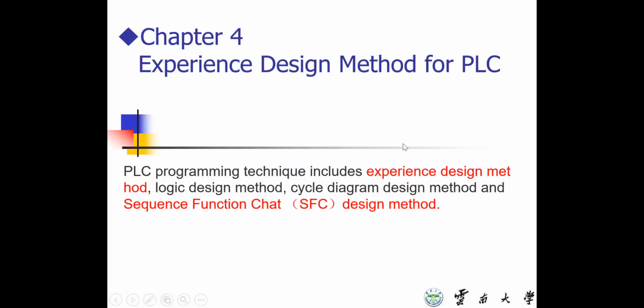In chapter 4, I will introduce the experience design method for PLC. PLC programming techniques include the experience design method, logical design method, cycle diagram design method, and sequence function chart.